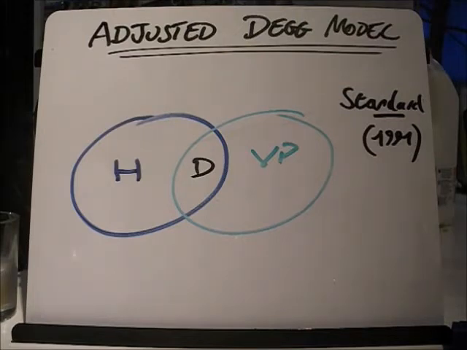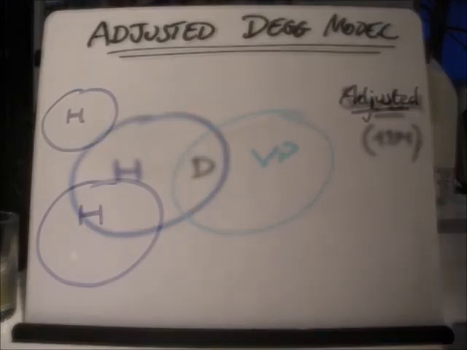However, we can take it a step further and we can adjust the Degg model so that we can use it when comparing disasters from any type of source, whether it's tectonic hazards, tsunamis, earthquakes and volcanoes, like you'll be using in Unit 4, or if you're resitting Unit 1, you can also apply this to hydrometeorological disasters as well.